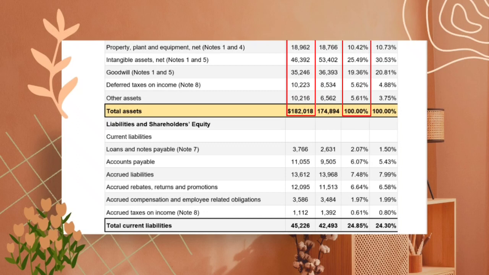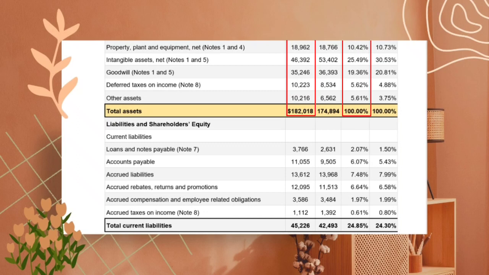Goodwill, $35,246 divided by $182,018 multiplied by 100 will get 19.36%. Deferred tax on income, $10,223 divided by $182,018 multiplied by 100 will get 5.62%.